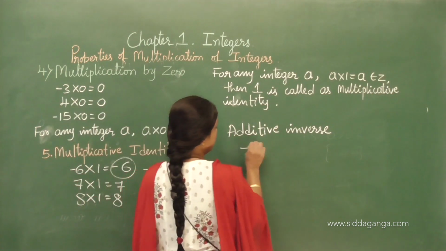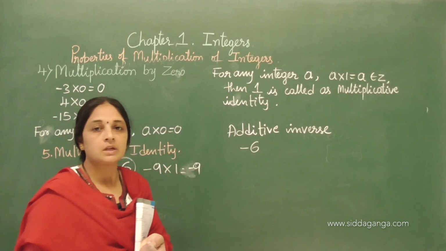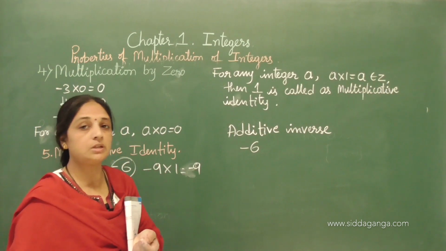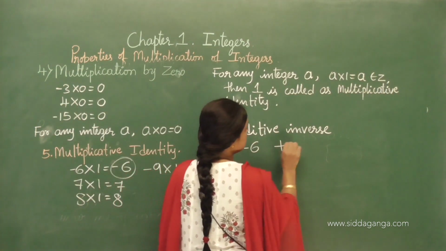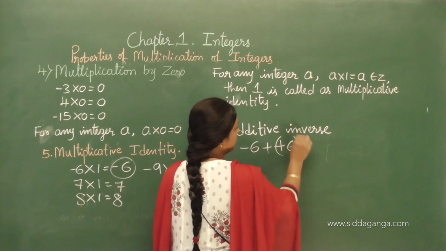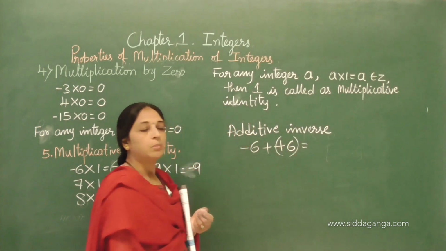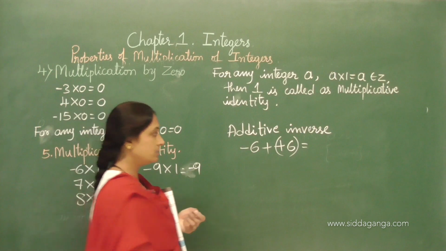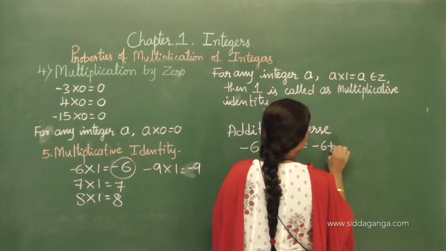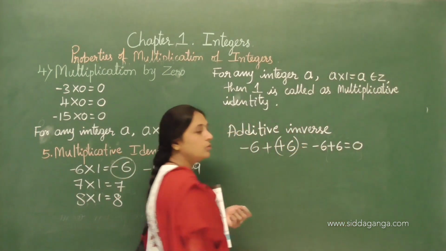Okay, consider -6. The opposite number for this is +6. So when we add both of these, what do we get? -6 plus 6, we get 0 here.